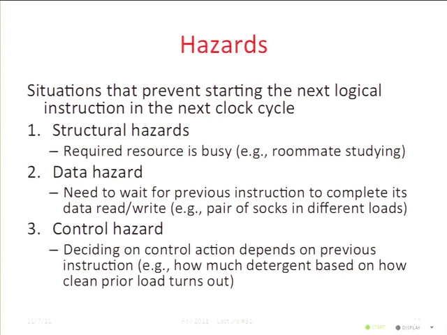So a control hazard is one where you've loaded up your pipeline, but you have the wrong stuff in it because you had a change in the direction of the program, okay? And one of the most typical times this happens, and it happens a lot, is a loop, okay? So in a loop, you start at the top, you go down, down, down. When you get to the bottom of the loop, most of the time, what do you do?